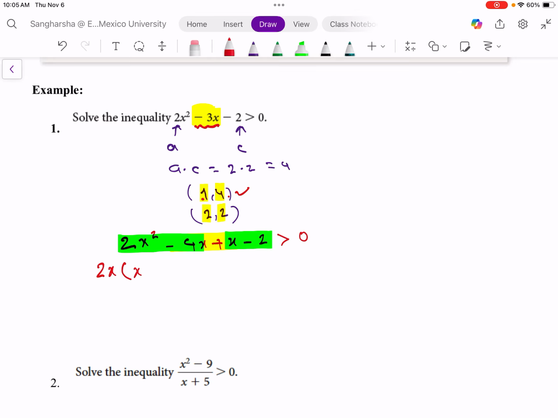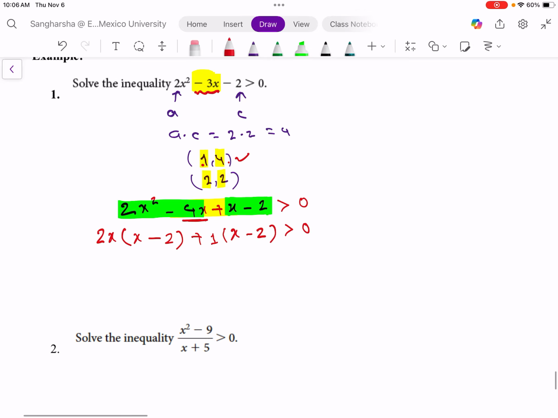If we factor out 2x from negative 4x, we have negative 2. In the last 2 terms, what do we factor out? 1 is always a common factor, right? So we can factor out 1. Factoring 1 from x gives x, and from negative 2 it's negative 2, greater than or equal to 0 as it is.